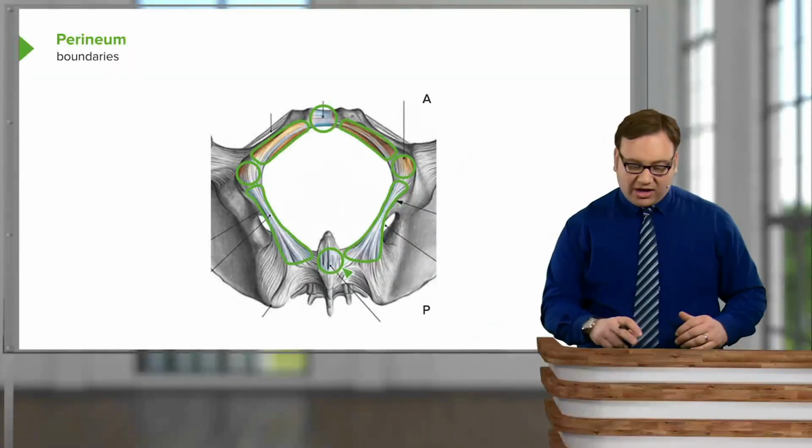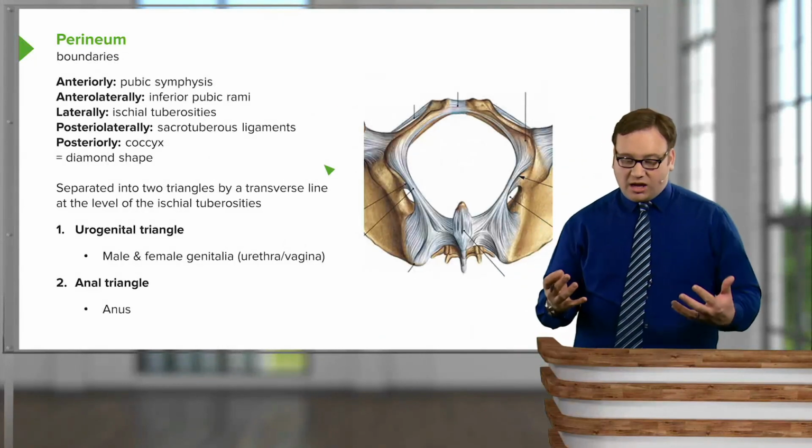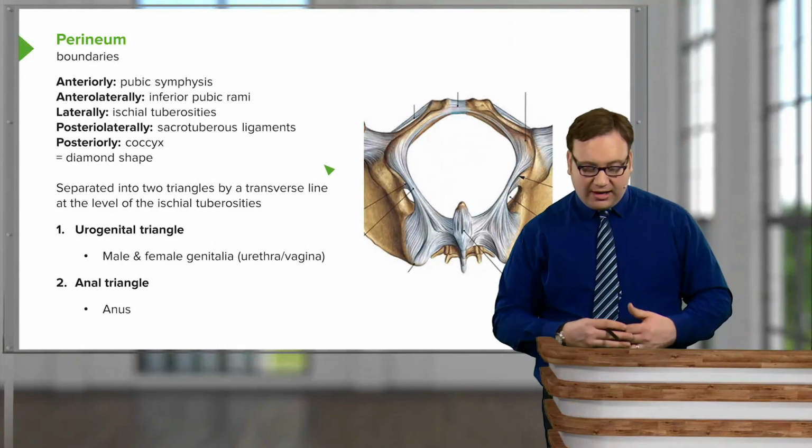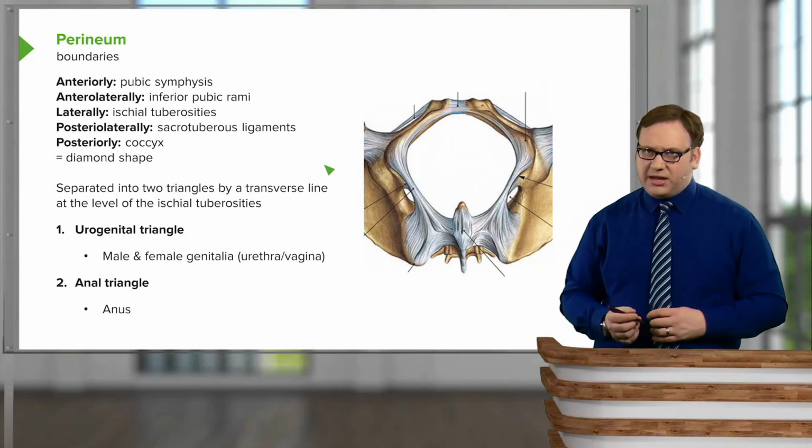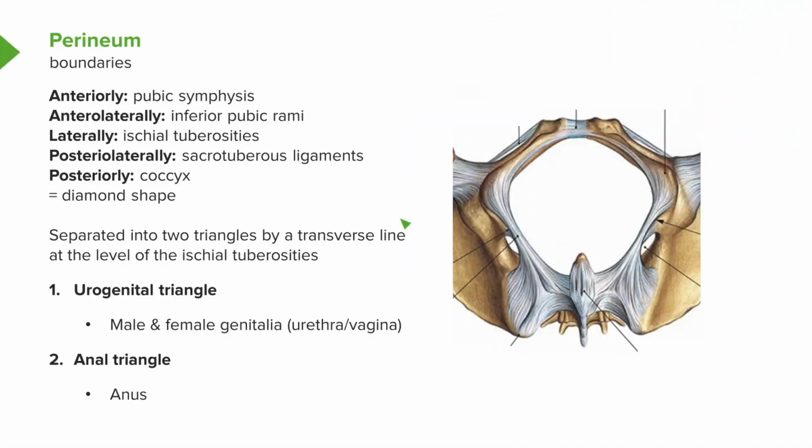And we can see that that creates this diamond shape. If we do that again, we can see this diamond shape has been created. Anteriorly, we have the pubic symphysis. Laterally, we have ischial tuberosities. Posteriorly, we have the coccyx.